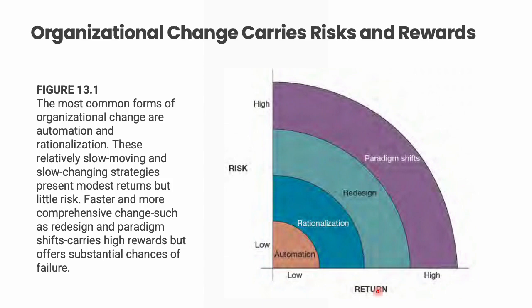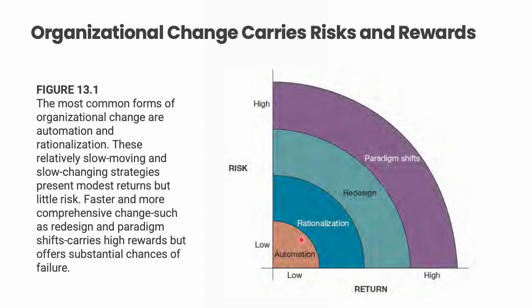When they use a new technology, okay, on the left side, we have low risk change. Okay. These are things like automation, like using a machine to do the task, and then rationalization, which is making a process a little simpler. These are safe and easy changes.